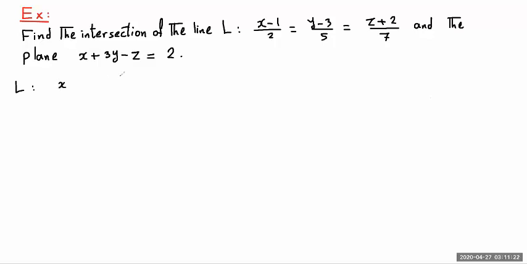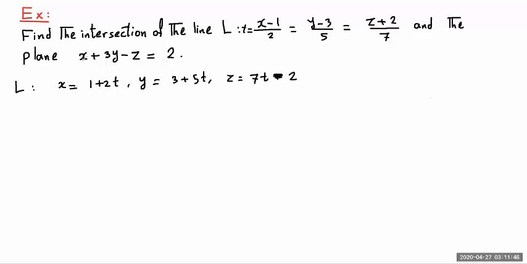If I set this equal to t, then x equal 1 plus 2t, and y equal 3 plus 5t, and z equal 7t minus 2.